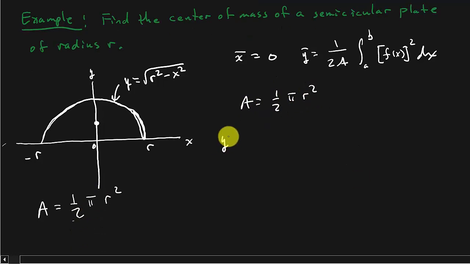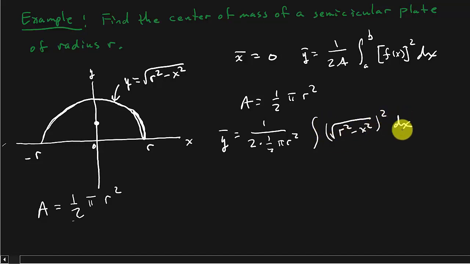And so that's going to give me y bar is 1 over, and that's going to be 2, that's this 2 here, and then times 1/2 pi r squared times the integral of f of x squared. Well, what's my function? It's the square root of r squared minus x squared, dx. And then I want to integrate.